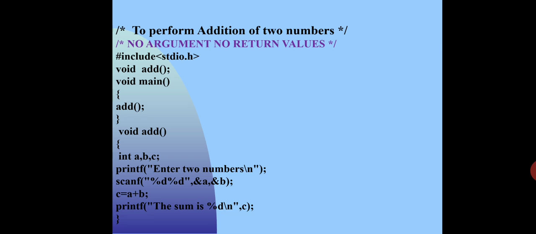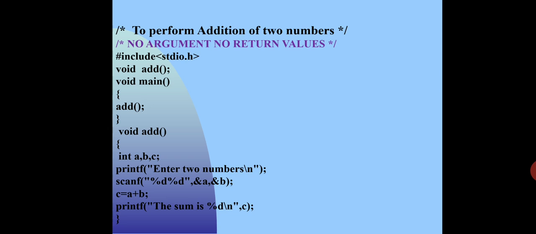Then we can see there is a printf statement, enter two numbers. Then there is a scanf statement to enter the values of A and B from the keyboard. Then the values of A and B are added together and stored in the variable C. Then from there itself it is printing the sum.